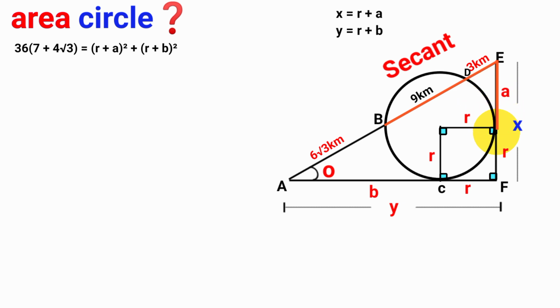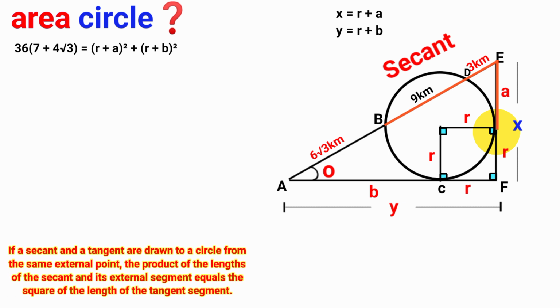From circle theory, there is a rule that if a secant and a tangent of a circle meet at an external point, the product of the length of the secant and its external segment equals the square of the length of the tangent segment. That is, the length of this, which is the sum of this 9 kilometers and this 3 kilometers, multiplied by this 3, which is the length of the external segment, equals the square of this a.